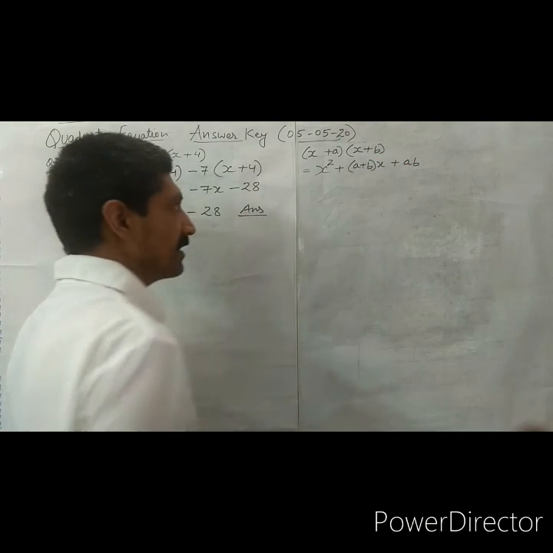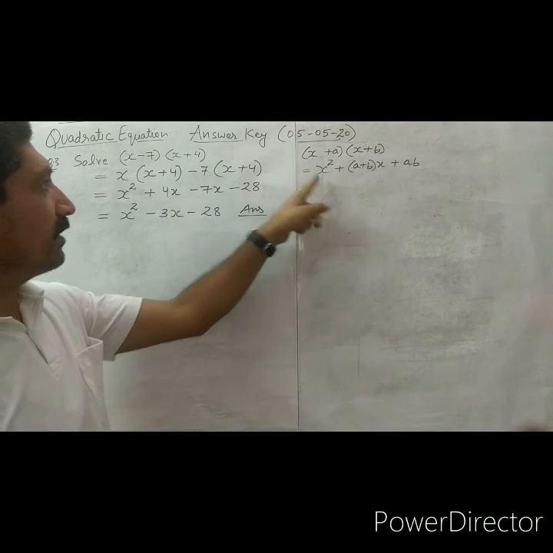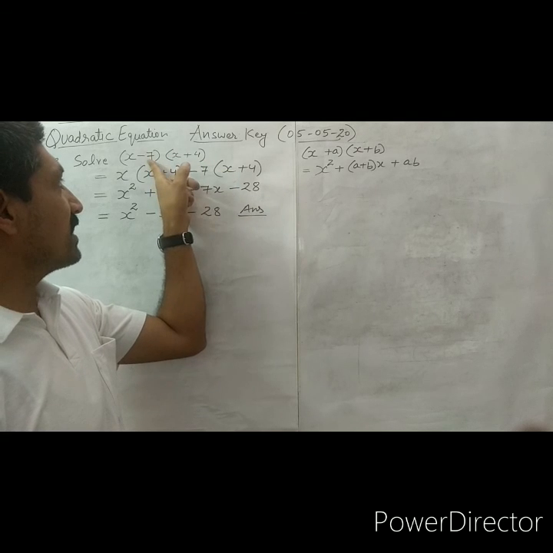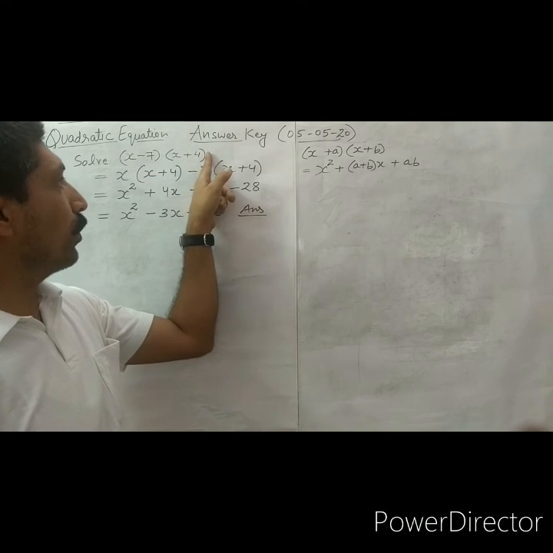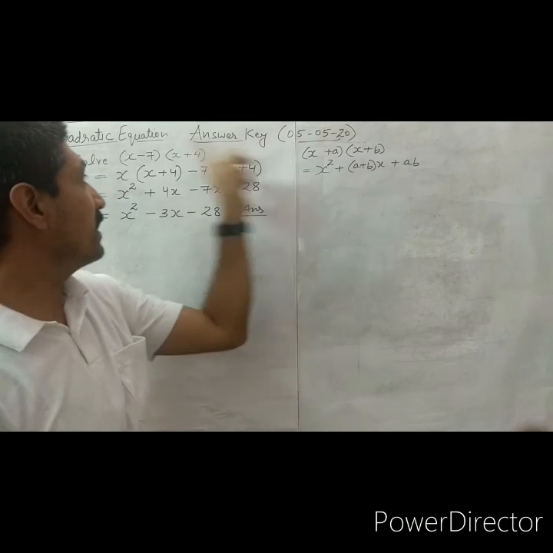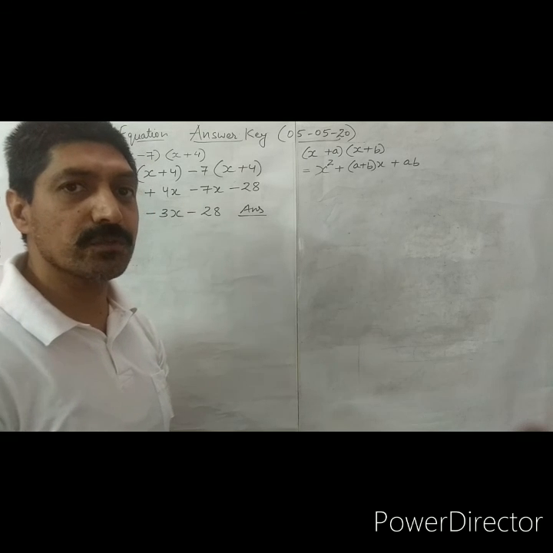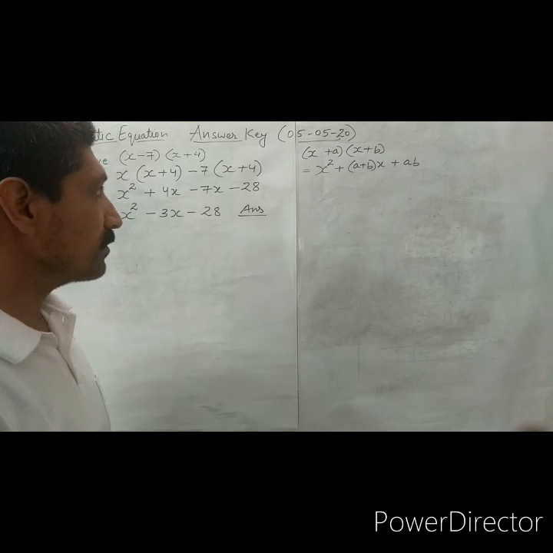So this is the identity. We can use this identity here also. X square, a plus b, minus 7 plus 4, is minus 3, so minus 3x, and ab, a into b, is minus 28. So we can pursue it in this way also.